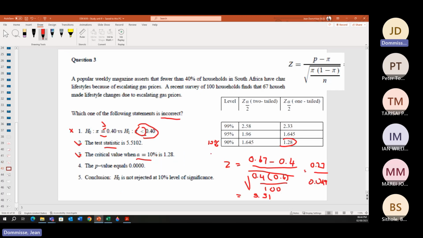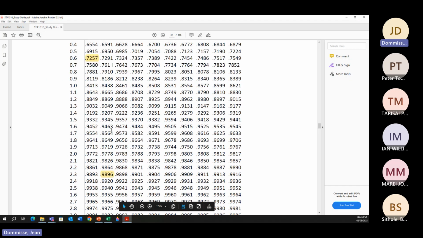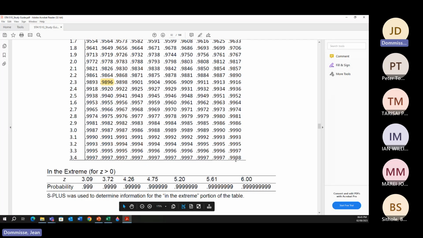Okay, so like we did with the previous question set, we've got the Z value, we've got our critical value. So now you will see they ask us the p-value is equal to 0.0000. So if you look at this, you can nearly see here for extreme values.